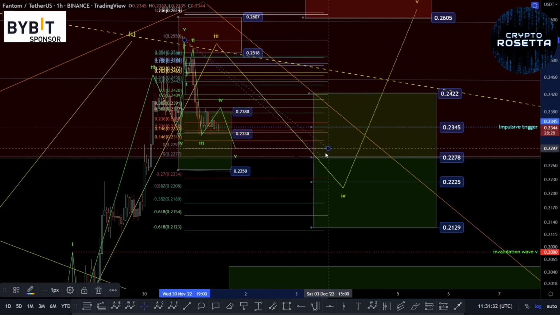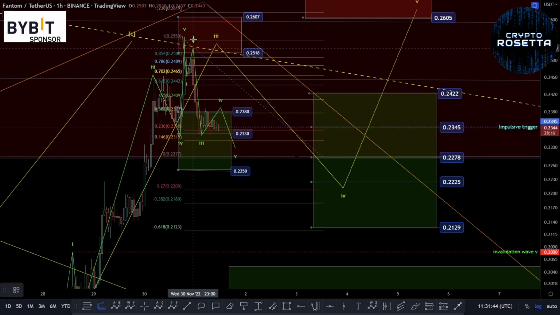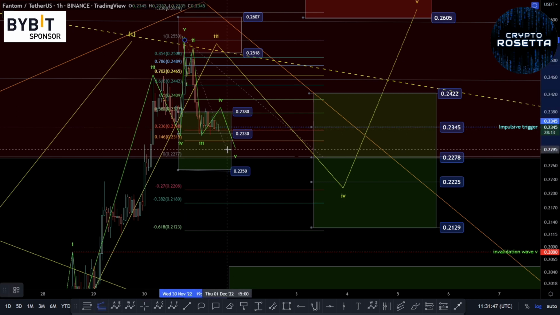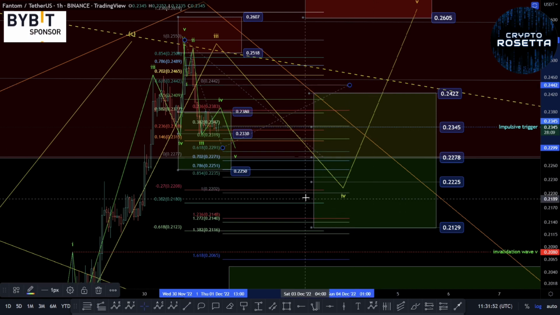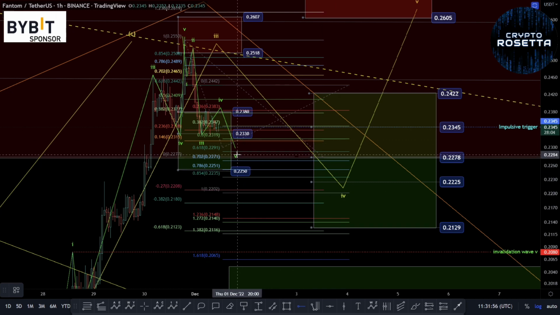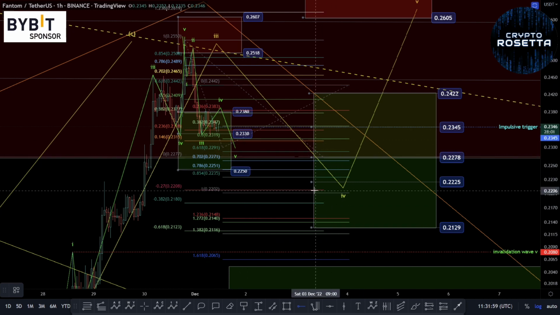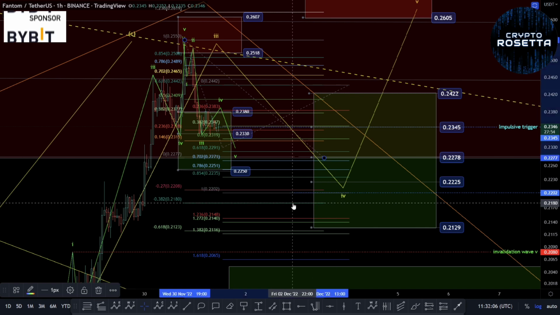So if we have a look at this and we say the 618 is 2450, so let me get rid of this one, and we will take a measurement off our top here to this estimated low and look down to here. So the 1-to-1, if we travel down to this fifth wave area and then we move back up to the 618, that 1-to-1 would bring us down here towards this 2202 area.